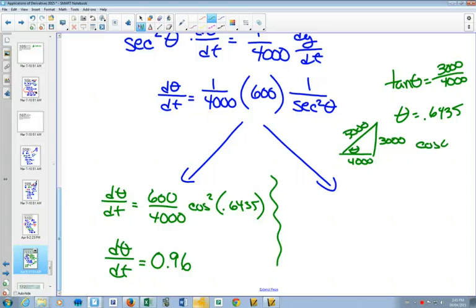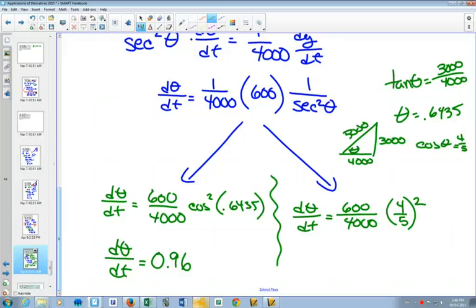What is cos of theta without finding theta? Adjacent over hypotenuse, which reduces to just 4/5. So what would cos squared theta be? Four-fifths squared.